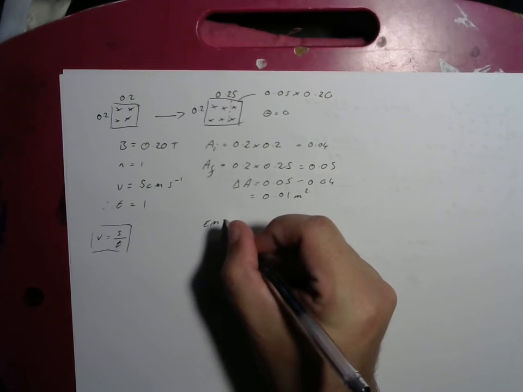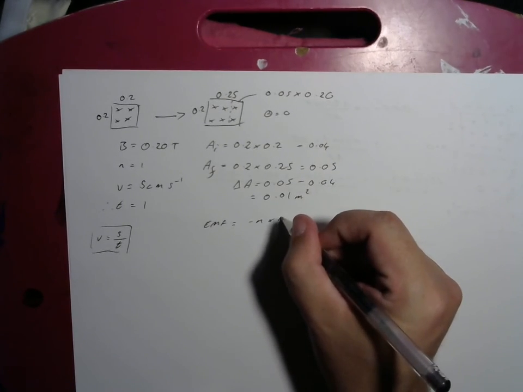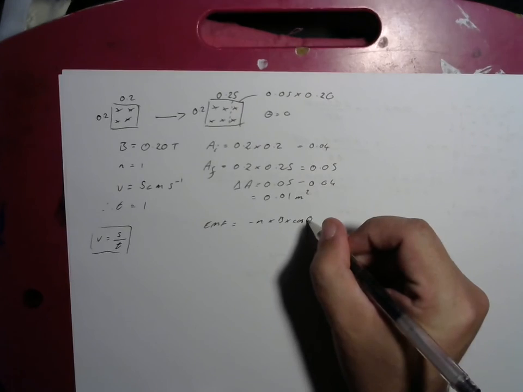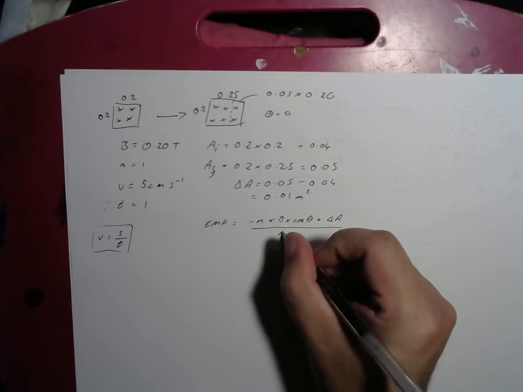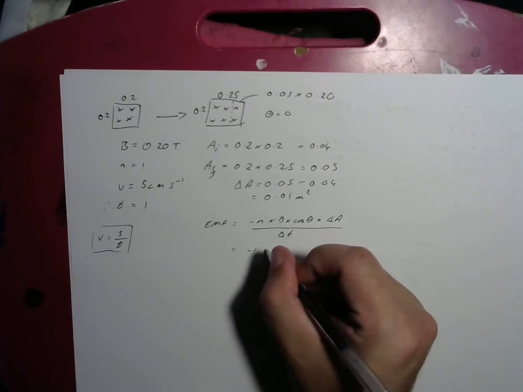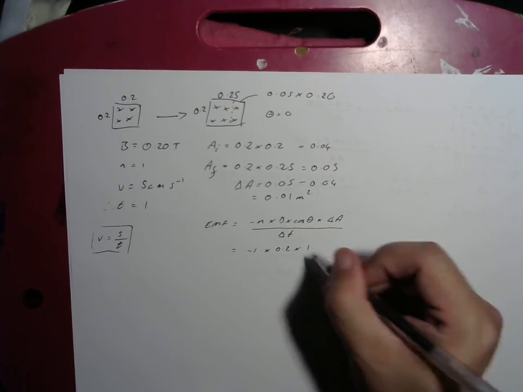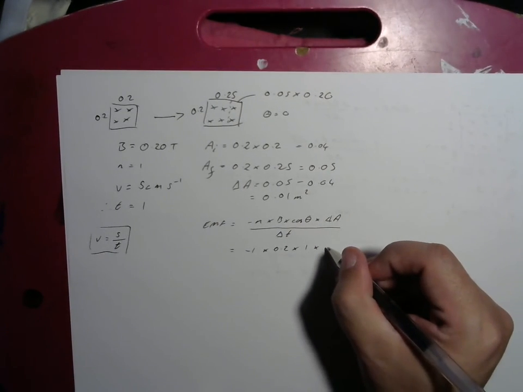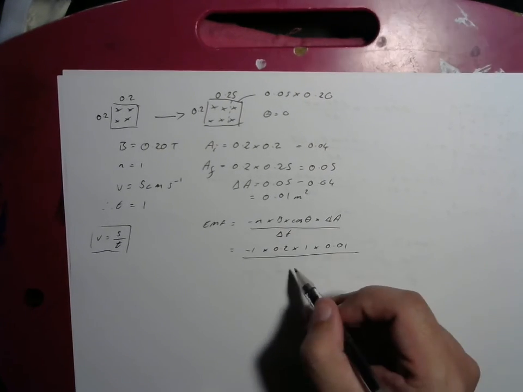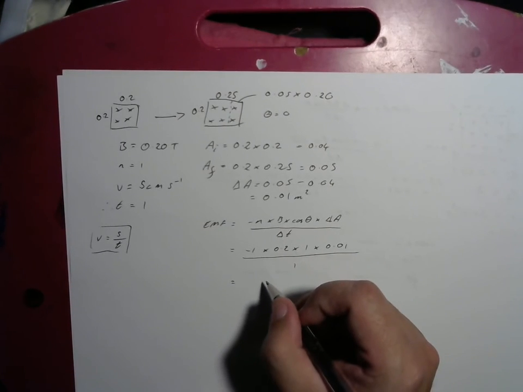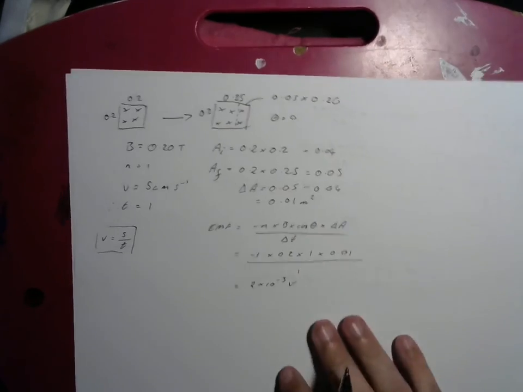So, EMF equals negative N times B times the cosine of theta times our change in area divided by our time: negative 1 times 0.2 times the cosine of theta, which is just going to be equal to 1, times our change in area, which is 0.01, all divided by 1 second, and we would get an answer of 2 times 10 to the negative 3 volts.